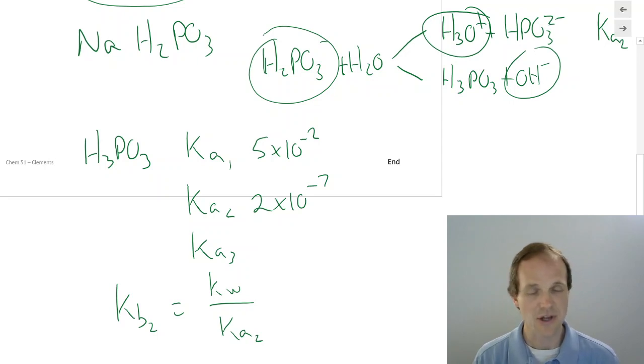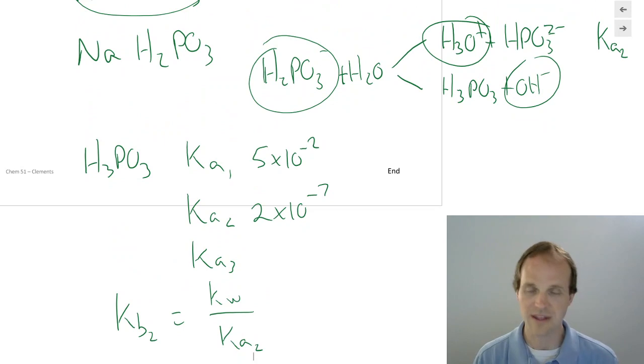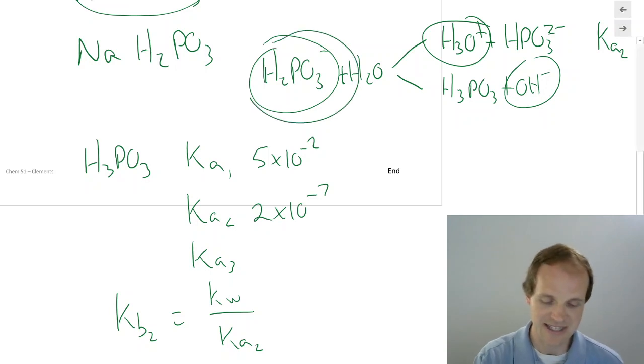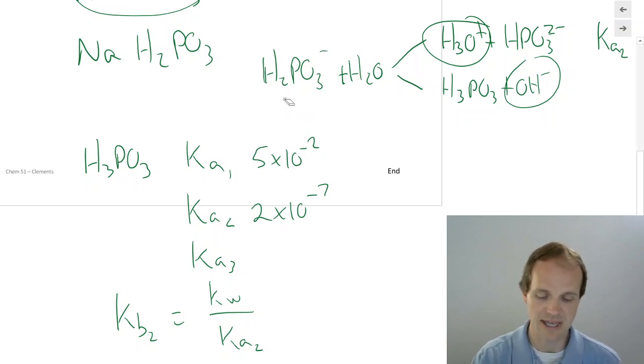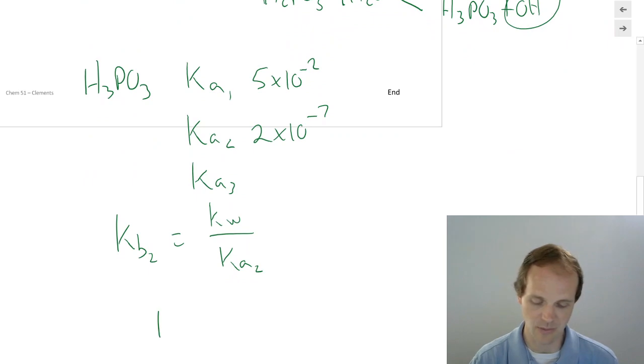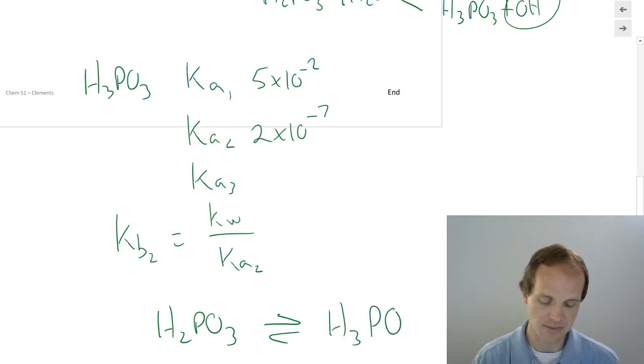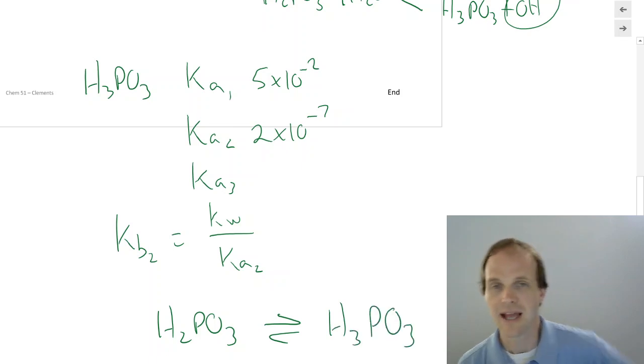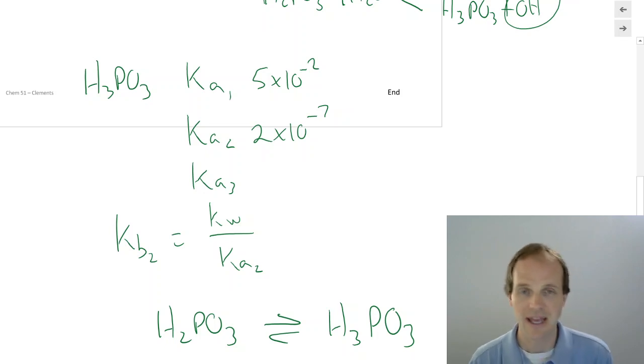And the answer is you have to think about it properly. Okay? When you are thinking about turning a Ka into a Kb, what I always recommend is don't just look at a single species. Look at the equilibrium that you're talking about. And what I'm talking about here is an equilibrium between H2PO3 and H3PO3. And you're going to look at that equilibrium and find the first possible step in there.